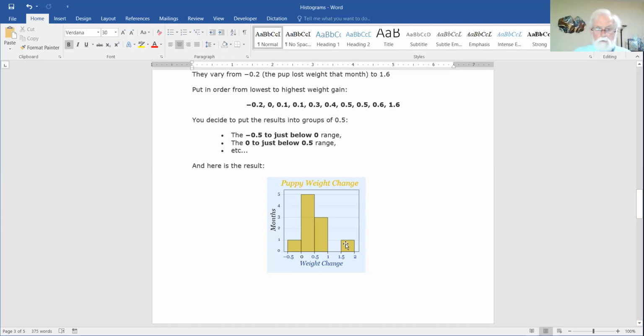And so you have 1 value in this other range. So again, we can see that the most common rate of gain was no gain to just under half a pound.